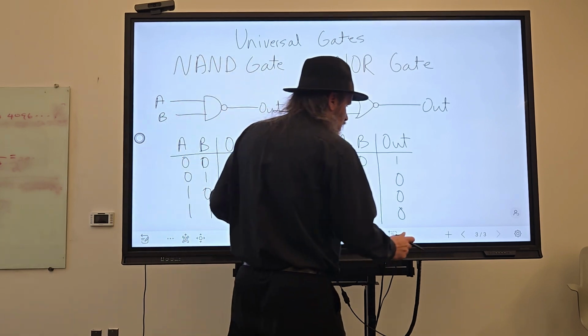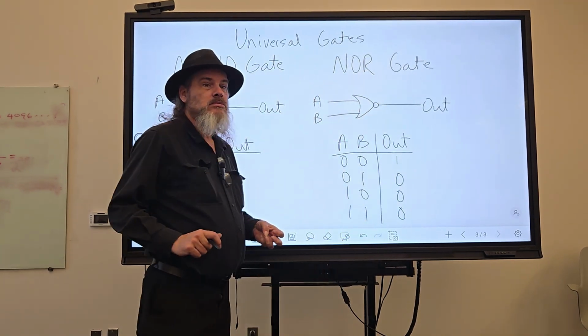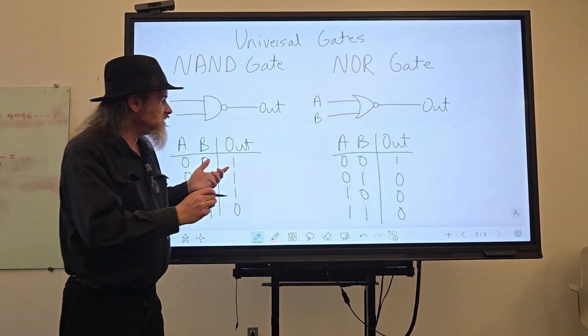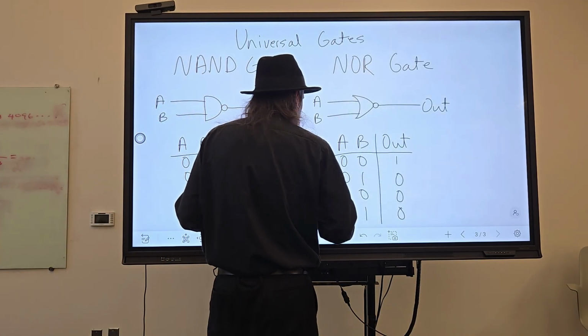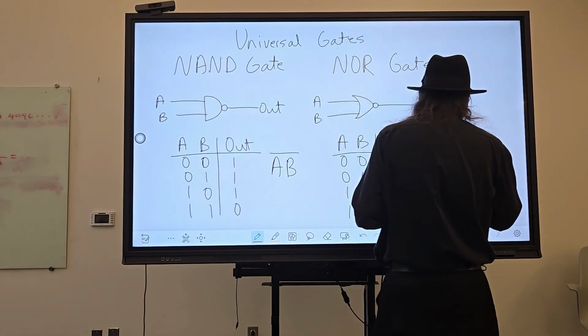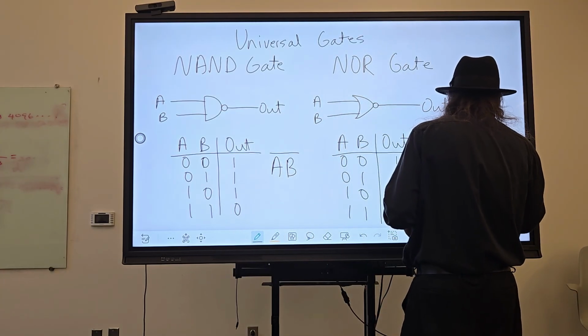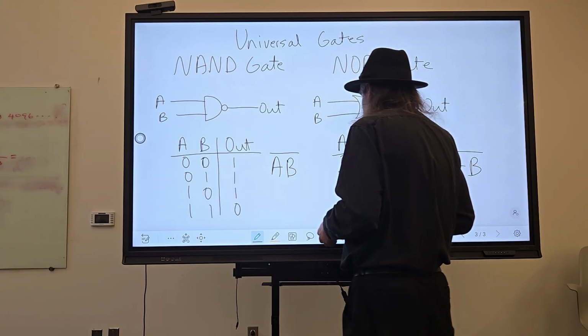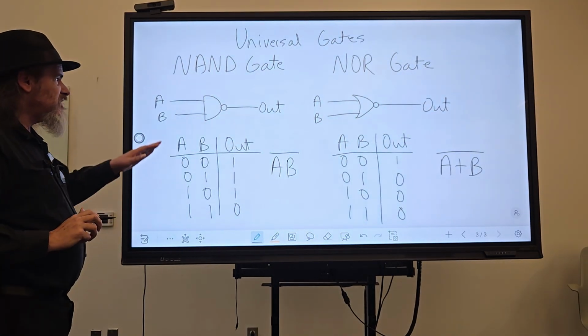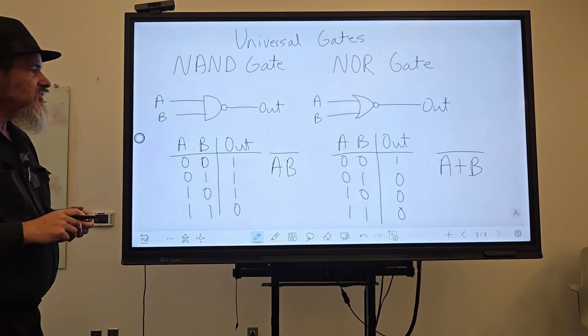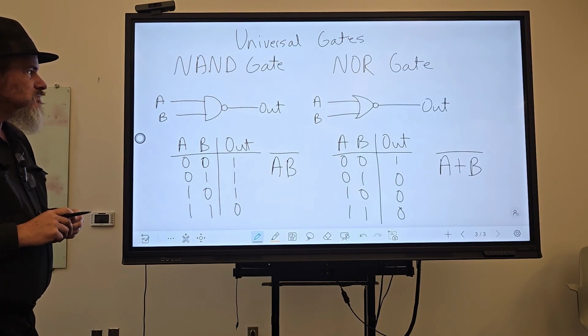Yeah, it's A and B with a bar over it, or A plus B with a bar over it. There is no dedicated symbol just for NAND and NOR gates.